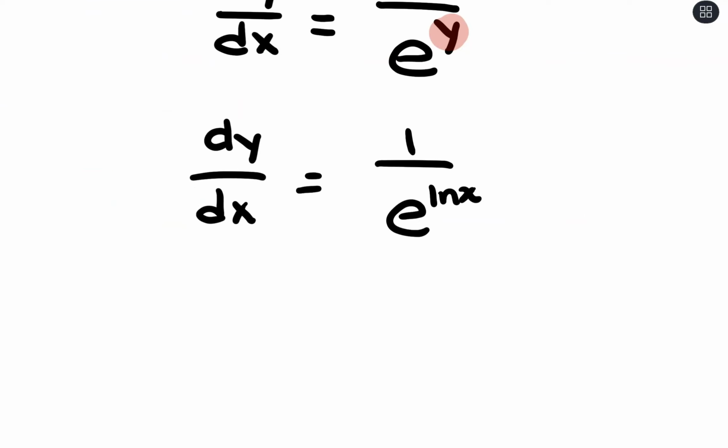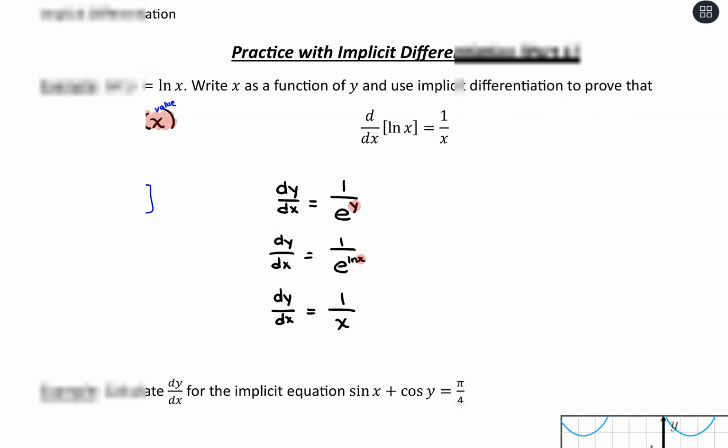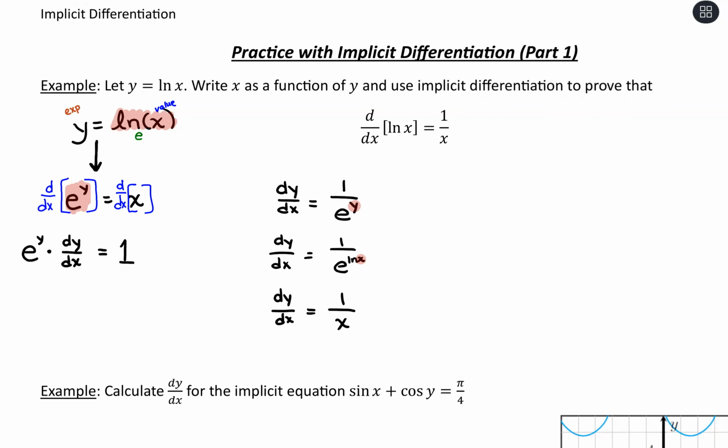And our exponent properties say if we're raising a base to a logarithm of the same base, they cancel each other out, and all we're going to have left over is just the value inside the logarithm. So that simplifies down to just 1 over x. So some implicit differentiation there to give us that proof for the derivative of the natural log of x.